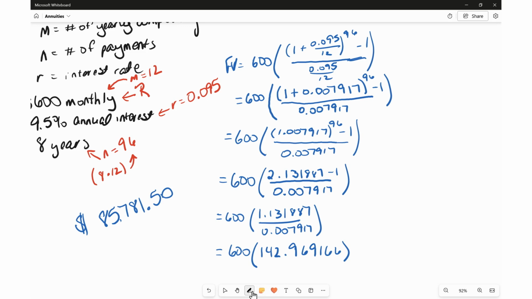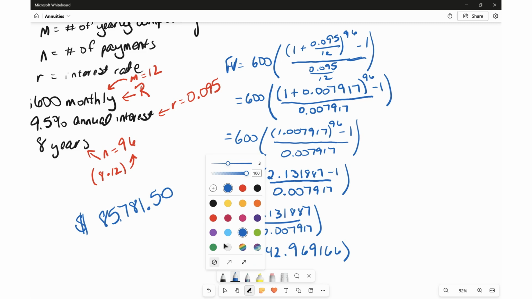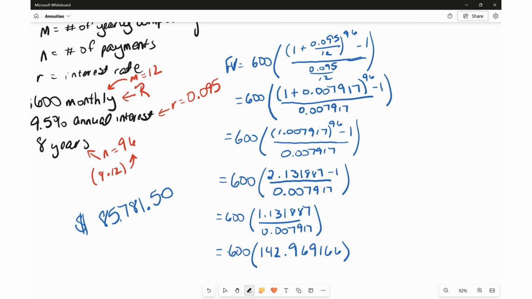Let's pretend that rather than $600 payments, this was actually 100. Everything else is the same. We're still earning the same interest.